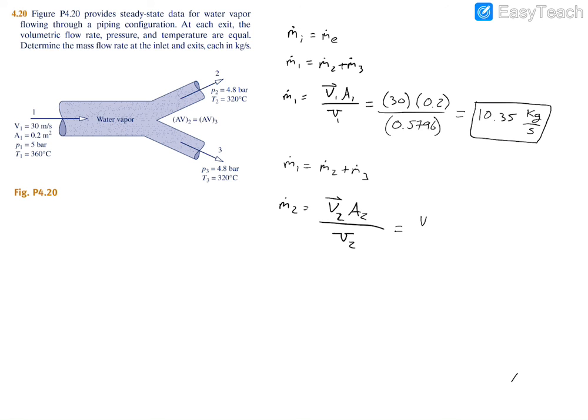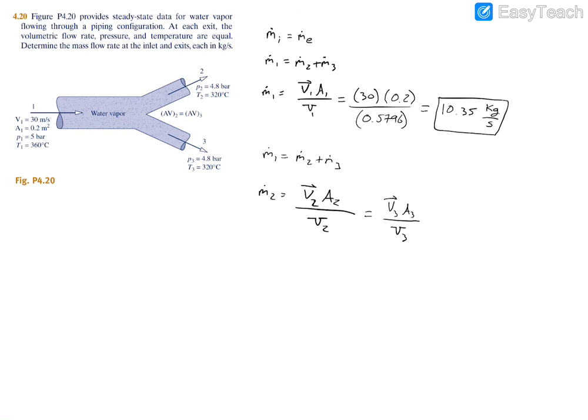So that's going to be equal to V3 A3. And because the specific volume is a function of pressure and temperature, it's also going to be equal. So V2 is going to be equal to V3. And all that this means is that m dot 2 is just equal to m dot 3.